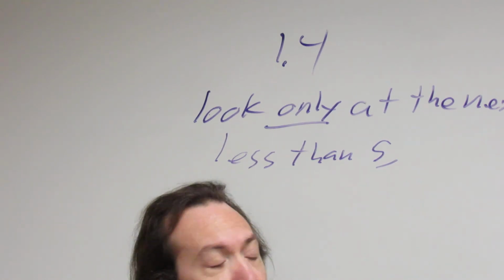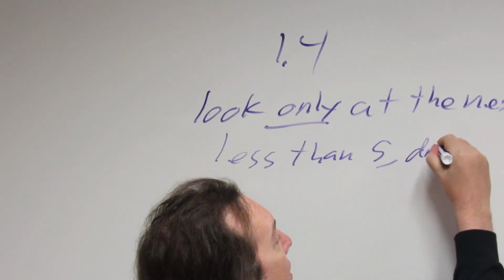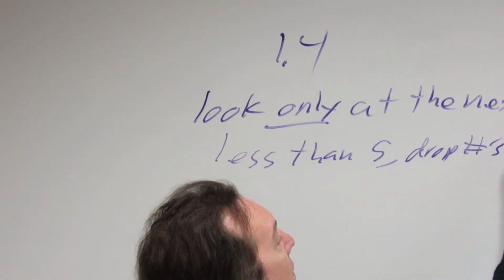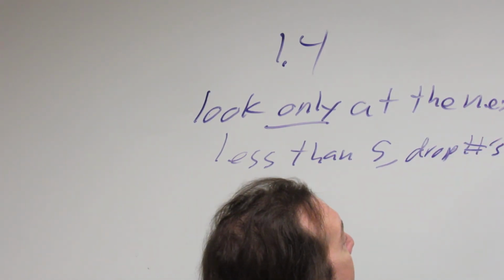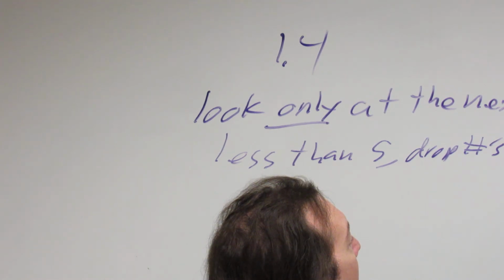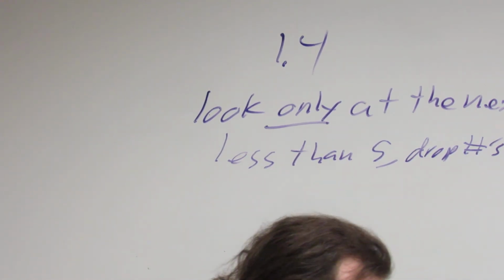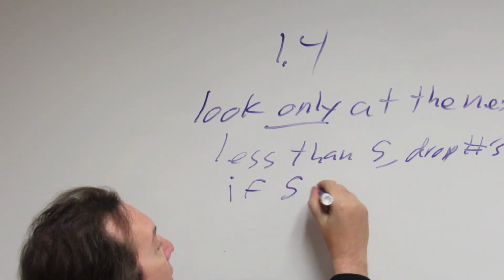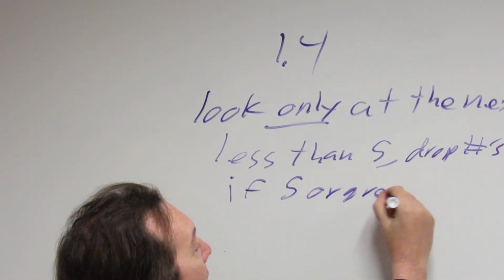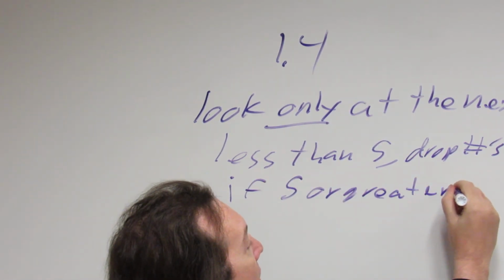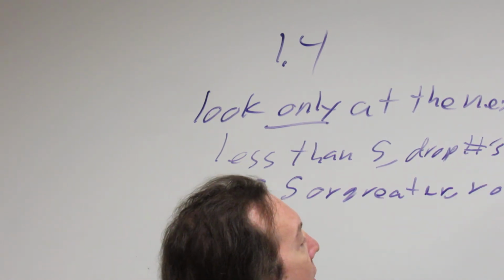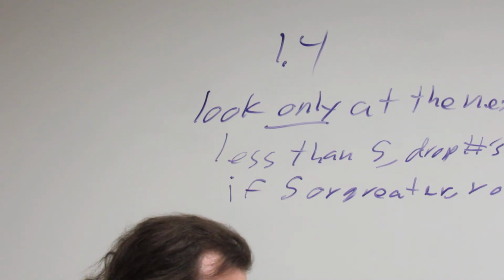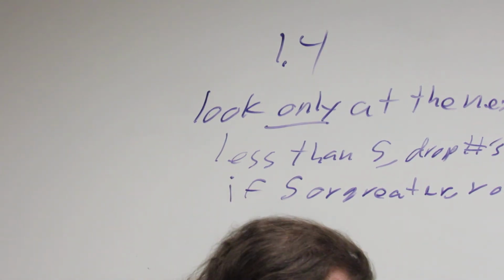Rounding down just means you drop all the other numbers to the right, including that number. If 5 or greater, you round up. And you round up by 1.